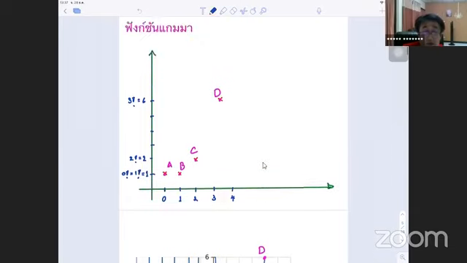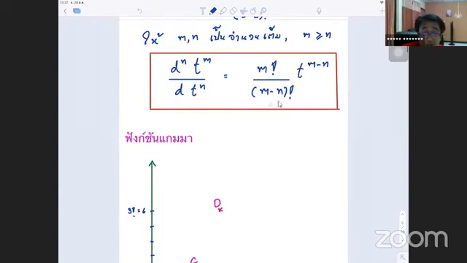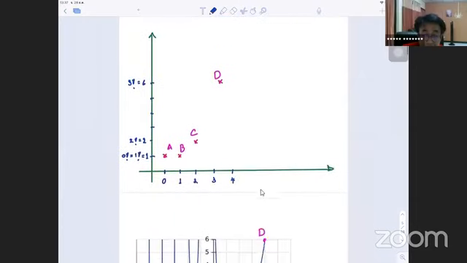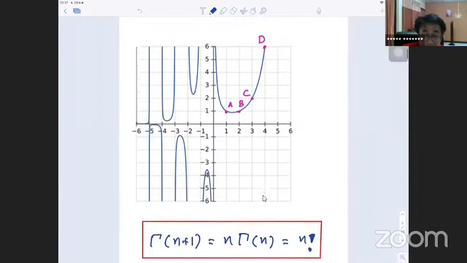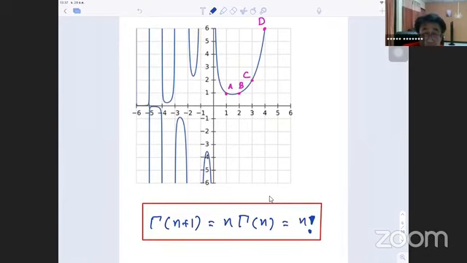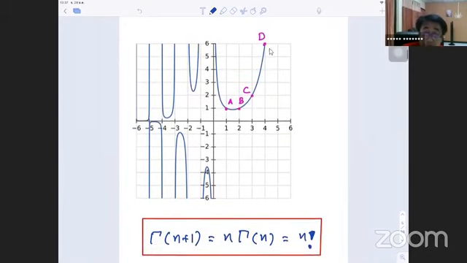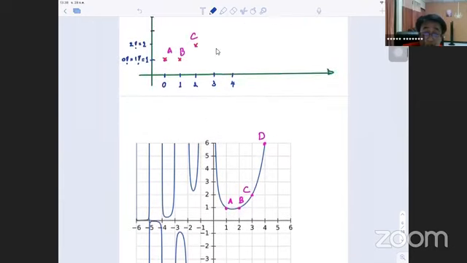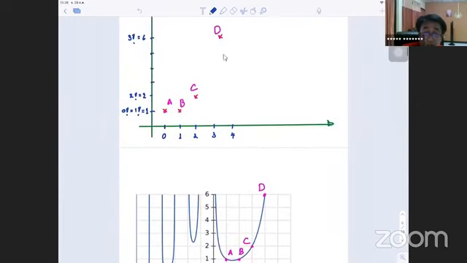Then from this formula, the mathematician replaced this term by the gamma function, because the gamma function can connect between all points.